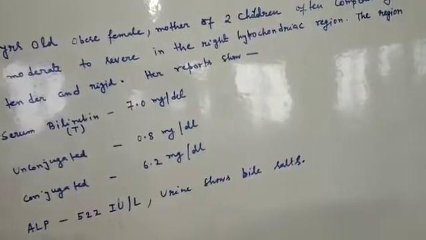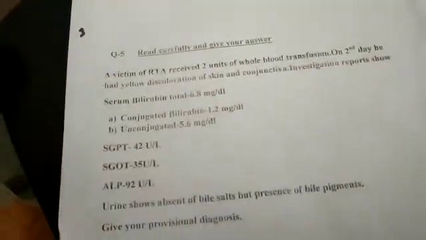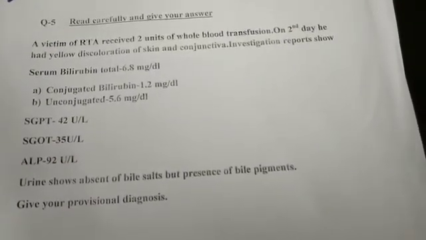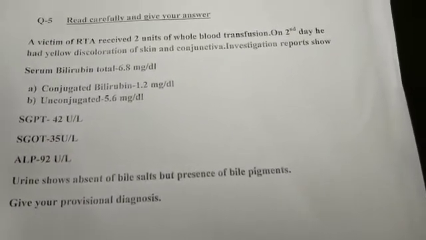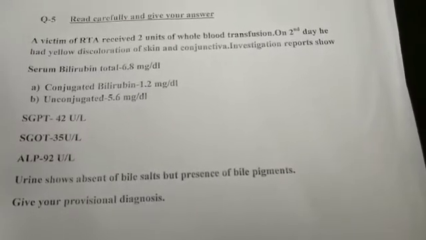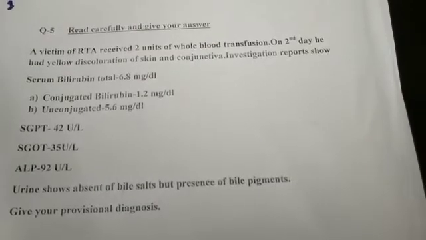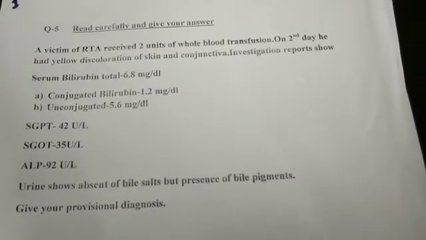Other pictures are: a victim of road traffic accident received 2 units of whole blood transfusion. On second day, he had yellow discoloration of skin and conjunctiva.